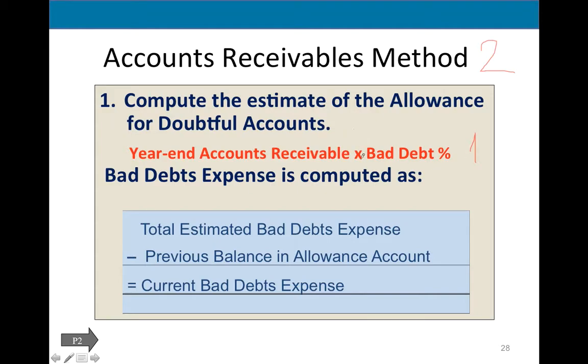The amount that you calculate is the desirable balance of ADA after the adjustment. So you need to look at what's my existing current or beginning balance of ADA, and then you have to figure out how to adjust it to get to this amount. So there are two steps. It's a little bit more complicated.